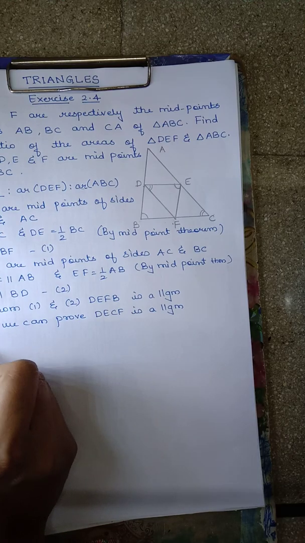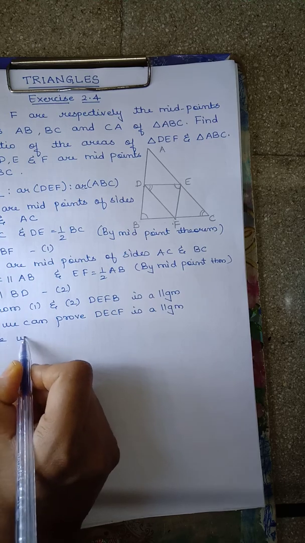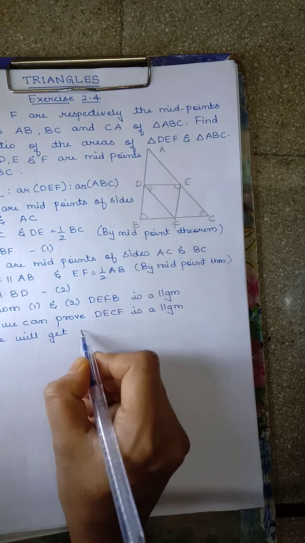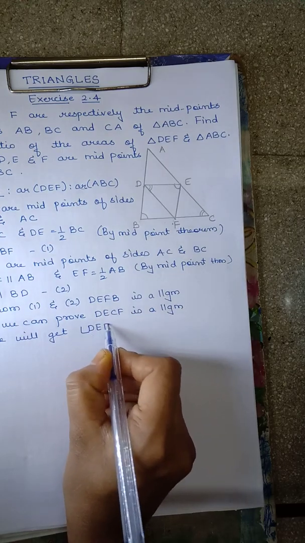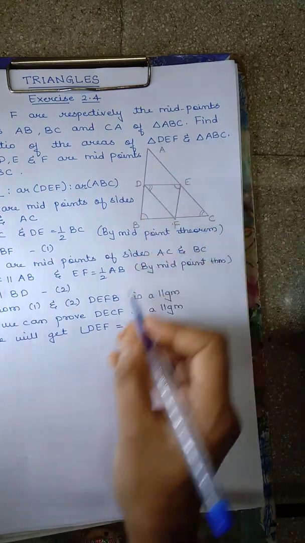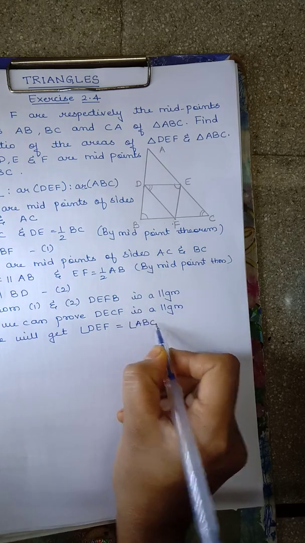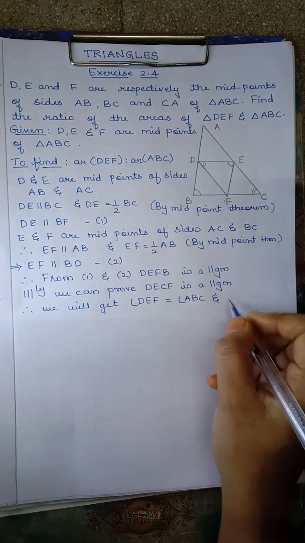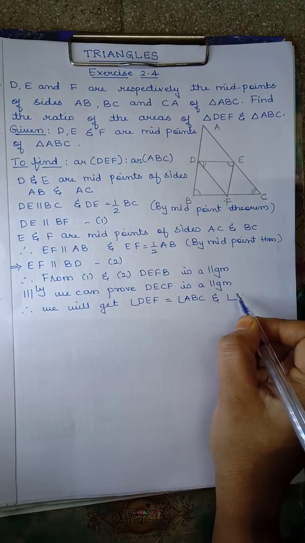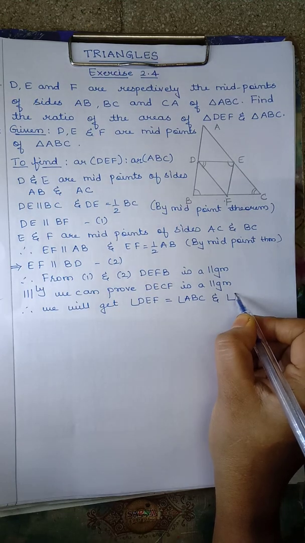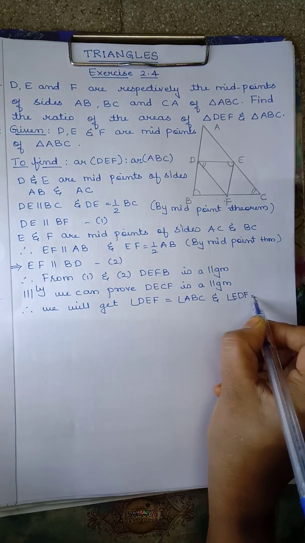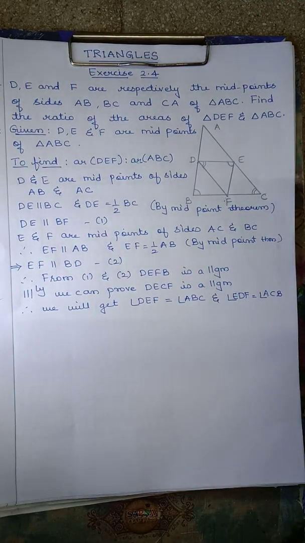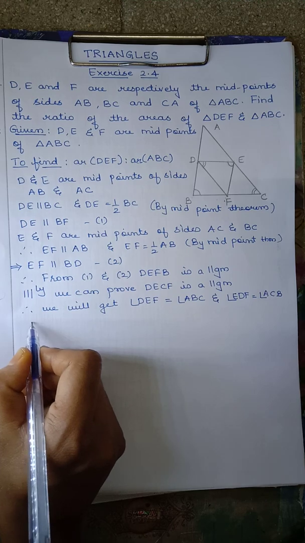Therefore we will get angle DEF is equal to angle ABC and angle EDF is equal to angle ACB.